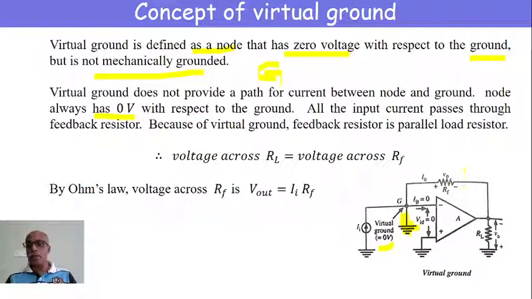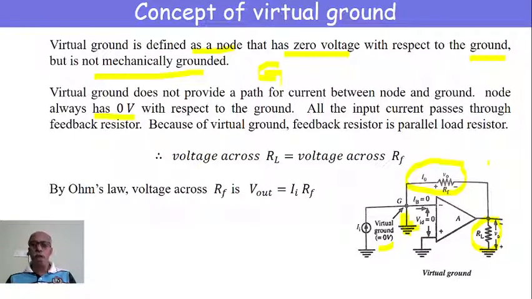Because of this virtual ground, the feedback resistor will be parallel to the load resistor. When they are parallel, the voltages across each resistor will be the same. Therefore, voltage across the load resistor will be equal to voltage across the feedback resistor.